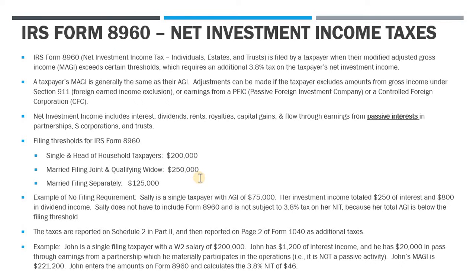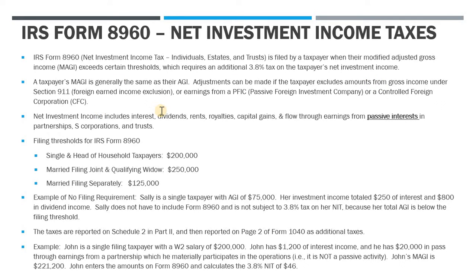So a taxpayer's modified adjusted gross income is generally going to be the same as their AGI. The modified adjusted gross income amount can be arrived at if you make adjustments for exclusions from gross income under Section 911. So that's the foreign earned income exclusion.